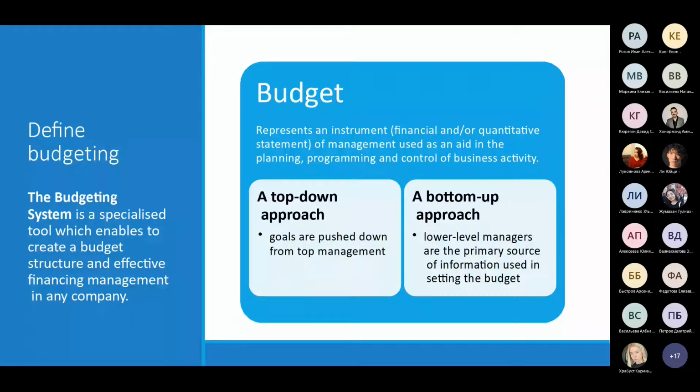Actually, the most important negative outcome here is that top management can create plans that are not realizable by the lower level of operations. For example, they may create special indicators, key performance indicators for the sales department, for example, to sell, I don't know, 100 items per day.